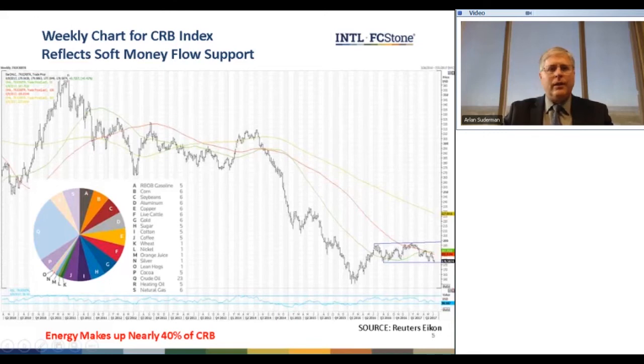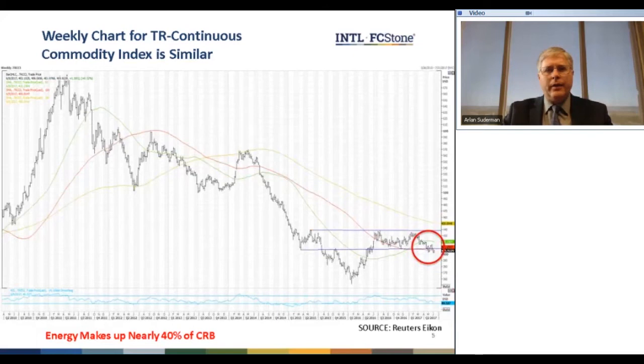Now, like I said, of this group of commodities which are in here, of the food items, the energy items, the metals, et cetera, it's heavily weighted toward energy. So now we look at the continuous commodity index, which is equally weighted among all those commodities, and a much different picture here of late.